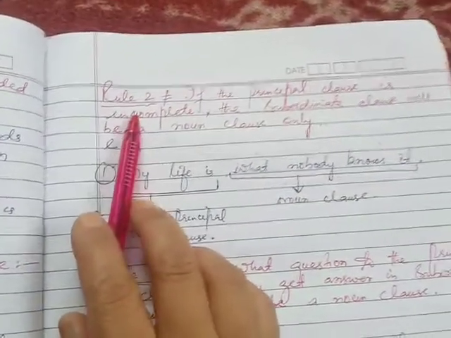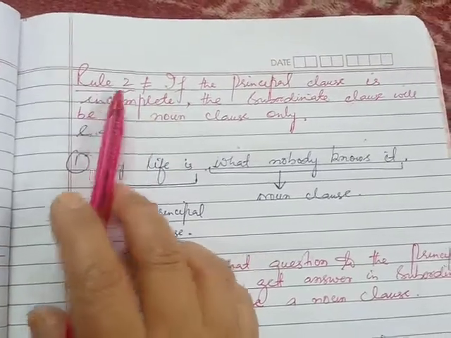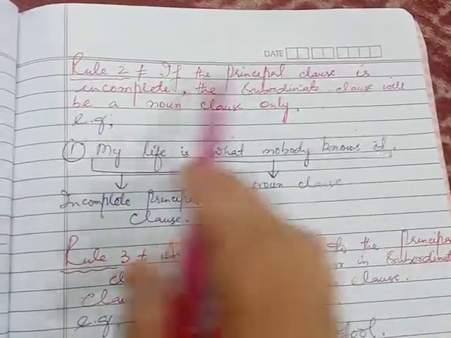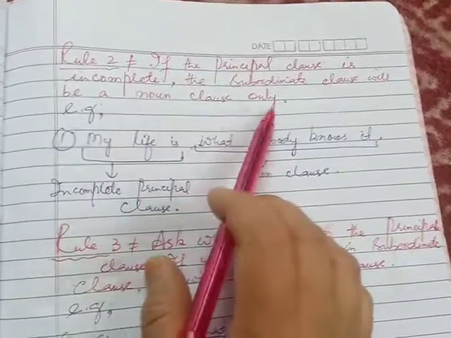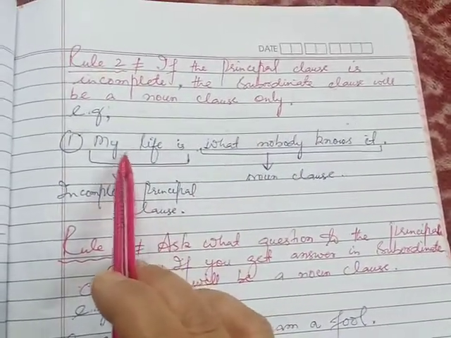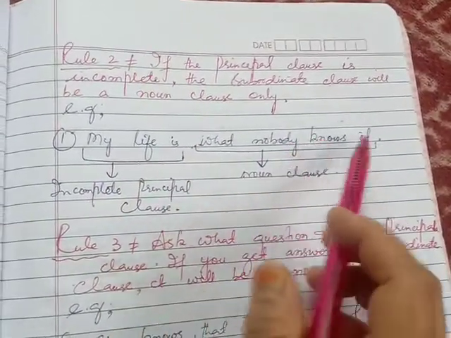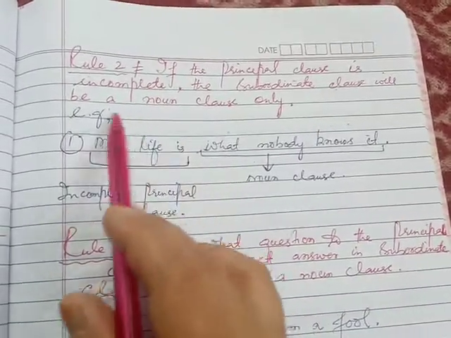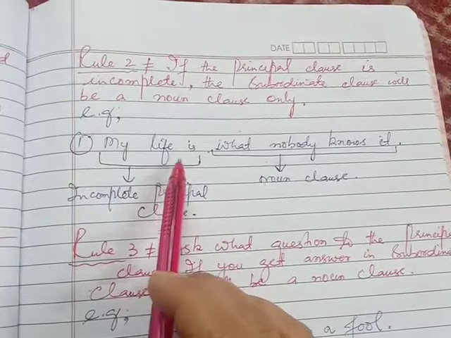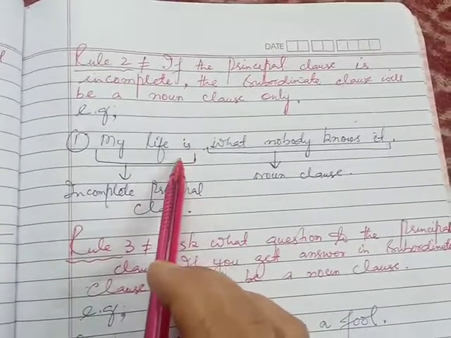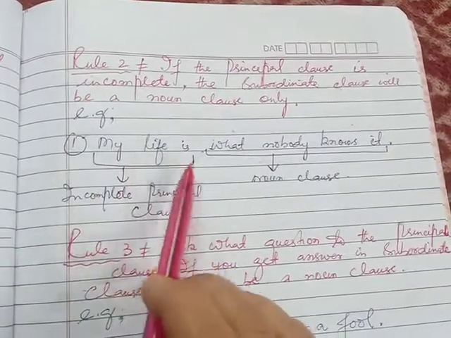Okay, very easy. The second rule is also very easy. My dear students, if the principal clause is incomplete, the subordinate clause will be a noun clause only. Look here: My life is what nobody knows it. "My life is" is an incomplete principal clause. It is a principal clause because it does not have any conjunction or joining word before or after it.